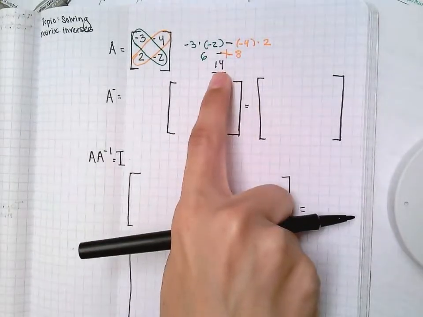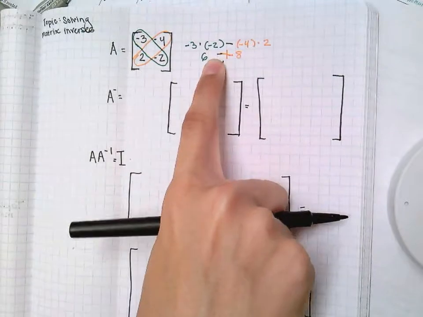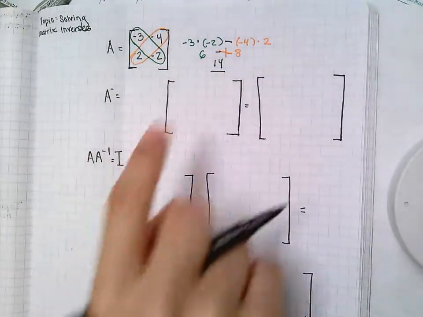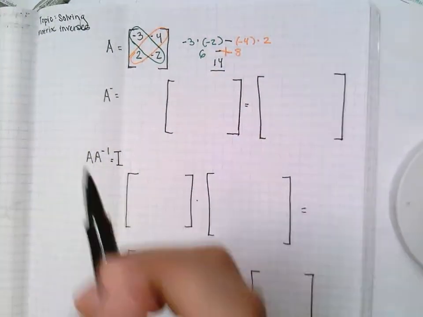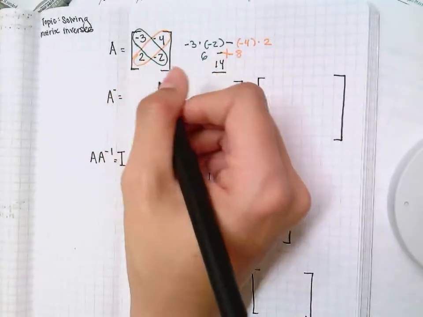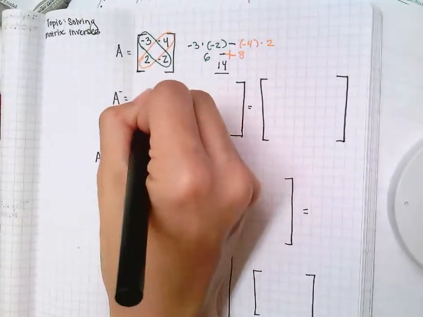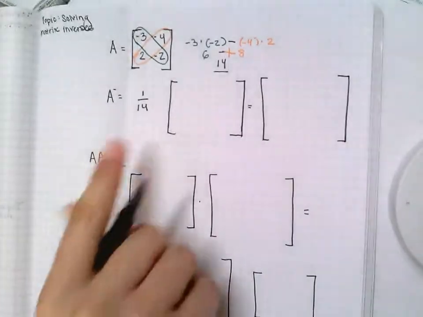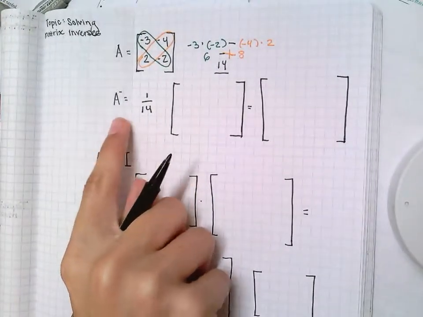Note that when we find determinants, we always subtract. Now we take our determinant, which is a single real number, and put 1 over it inside of the A inverse formula.